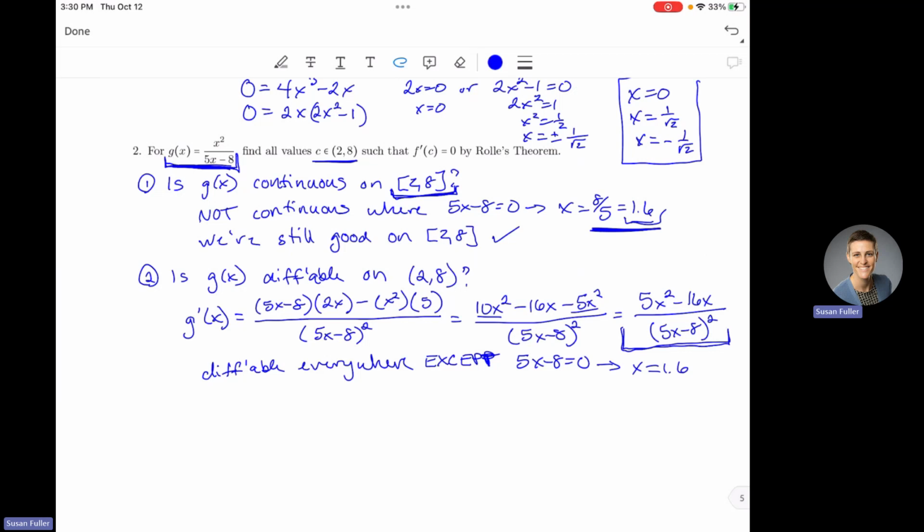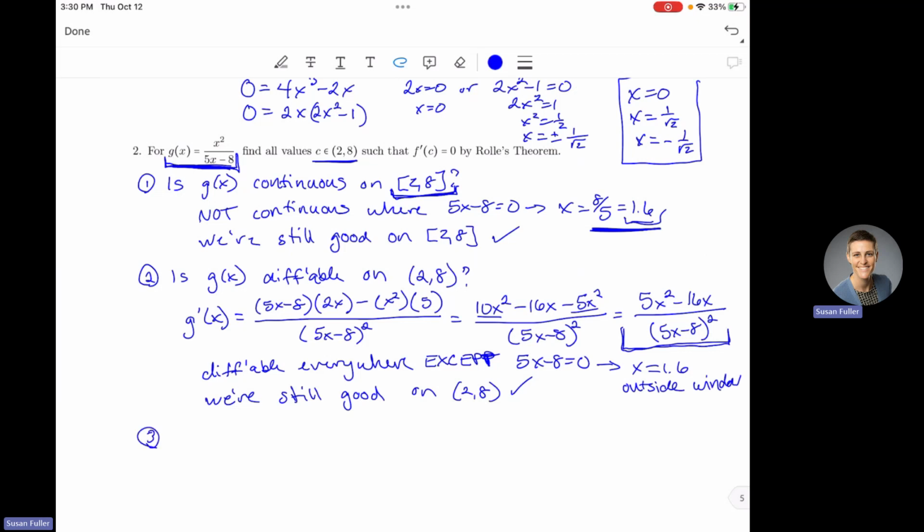I'm not differentiable there, but that's still not in my open interval. So we're still good. We're differentiable from x equals 2 to x equals 8. This is outside my window. So we're good. We are differentiable on the open interval.